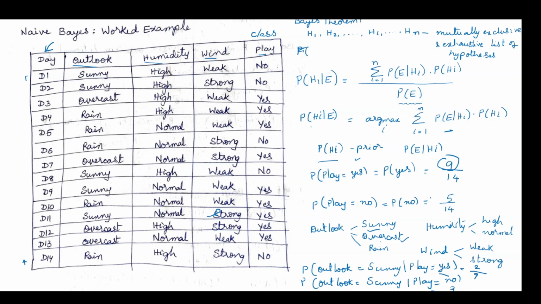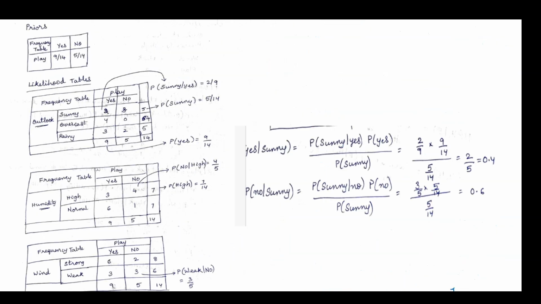So this is how we calculate the likelihood values. Outlook being sunny, for play is equal to yes is 2 by 9 as we calculated.